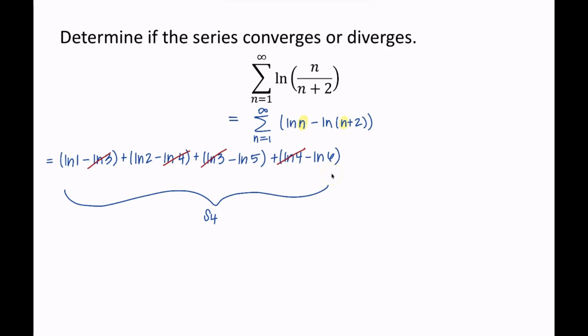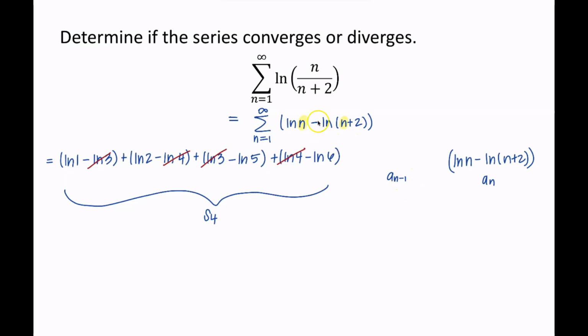So we want to use that to generalize s sub n. We're going to generically need the last term a sub n and the term before it, a sub n minus 1. Natural log n minus natural log of the quantity n plus 2, that's the last term. So here's that last term over here, and then I need the term before it, the a sub n minus first term.